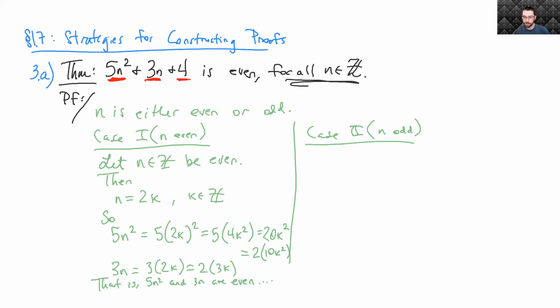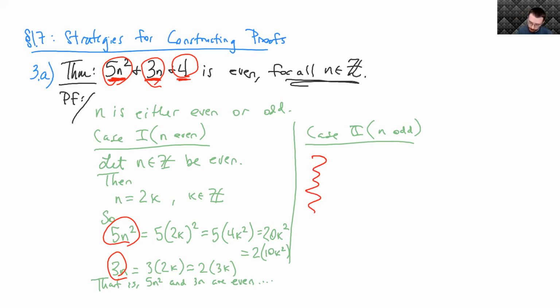Okay, I'll let you guys finish that because I've run out of room. But the next thing you would say is 5n squared plus 3n is even by one of the theorems we proved previously. And if you've proved something before, you're allowed to use it again. And then adding another even number, again applying that old theorem, the result ends up being even.